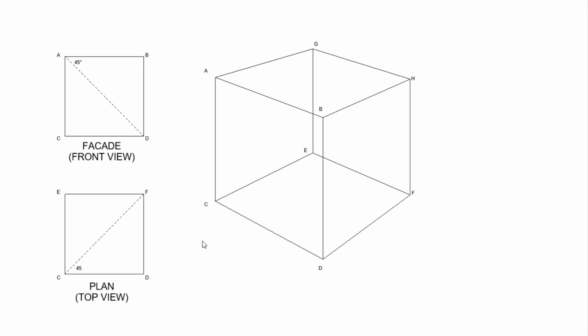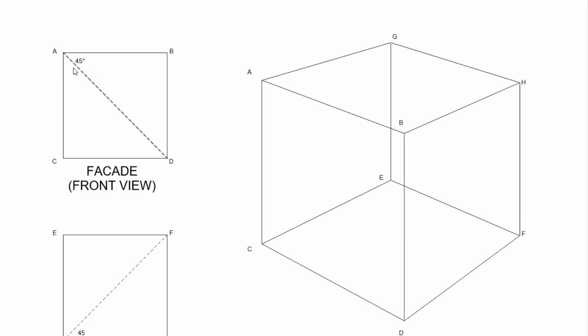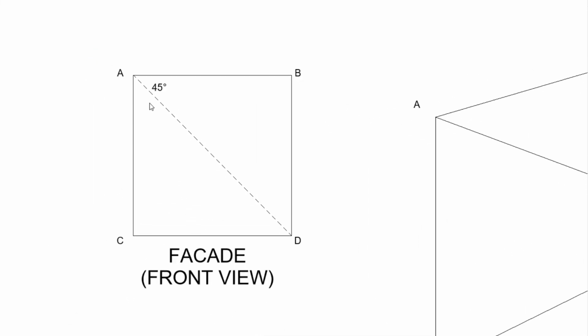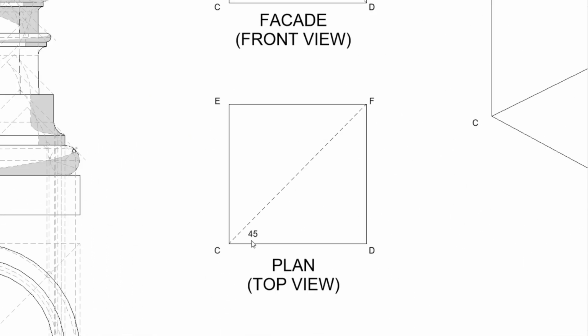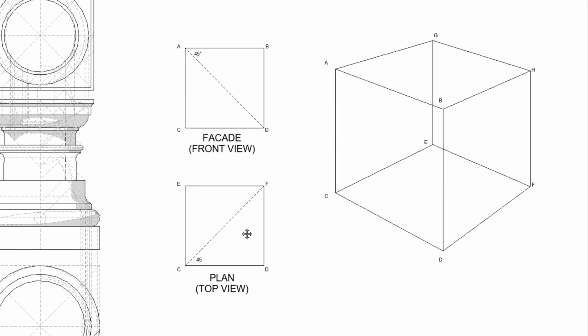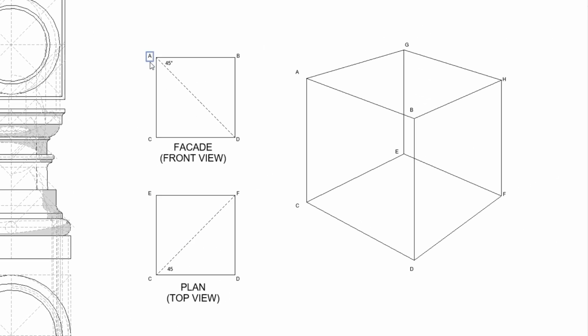So have a look at the front view and the top view for me, and you'll notice there's a dashed line with the number 45 degrees right next to it. That's a 45-degree angle that travels from corner to corner. On the top view you can see that it's traveling in the opposite direction. Those dashed lines represent the direction that the shadow is traveling in.